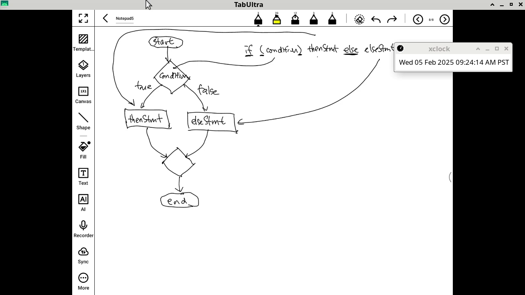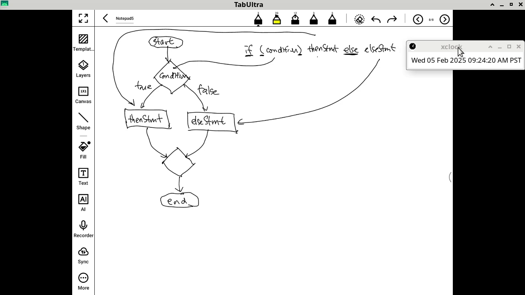You mean the underlined word else? So the underlined word else is so that we know how we can divide between the then statement versus the else statement. It is a construct that is needed here in order to give structure to the code. Otherwise, it's not going to be clear to us which one is the then statement and which one is the else statement.